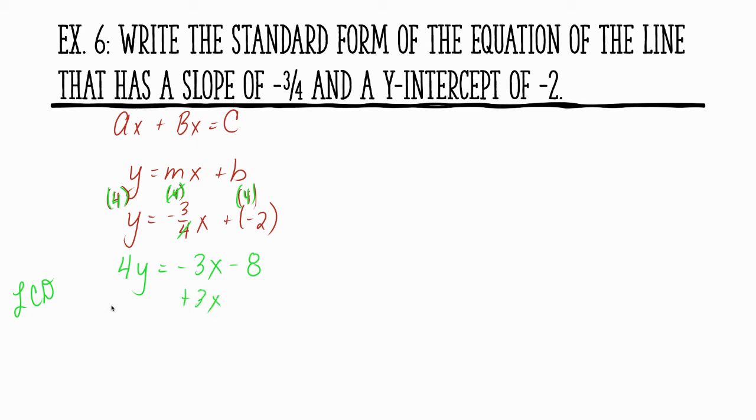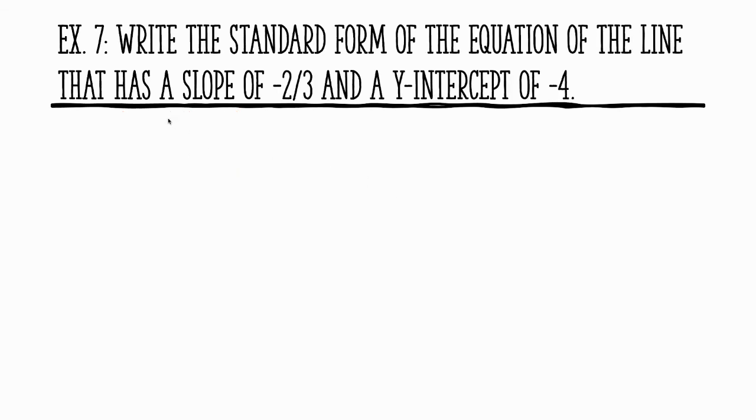So we're going to shift over the 3x, and we have 3x plus 4y equals -8. Okay, so this is my standard form of the equation of the line when I am given the slope and the y-intercept. I've got one more example for you.